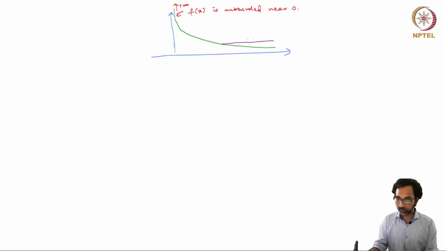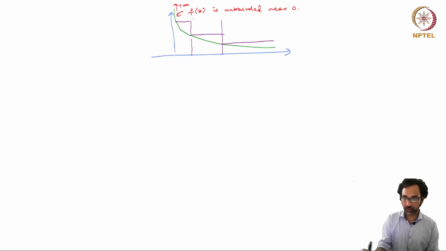If you take this value here, and then after some partition you take this value here and so on, since we are only allowed finitely many, we have to stop somewhere, and in this region the condition f less than or equal to s is violated.